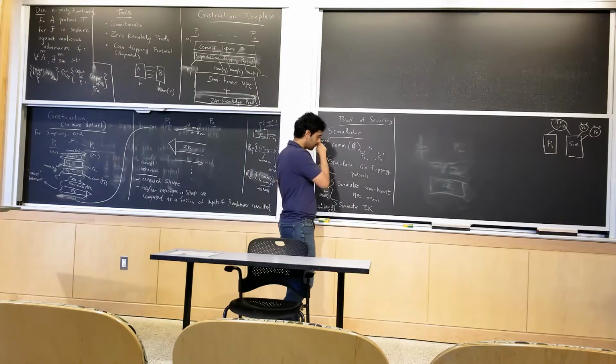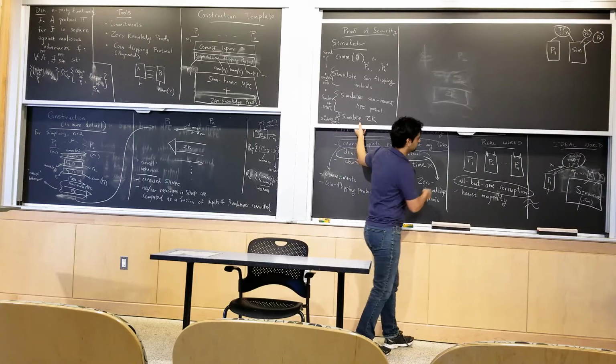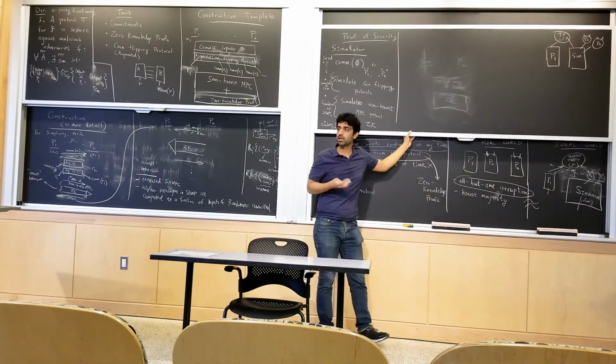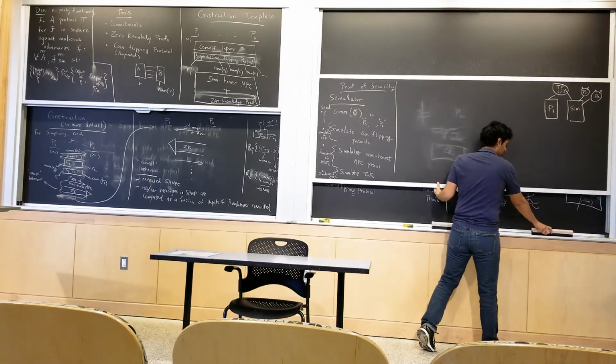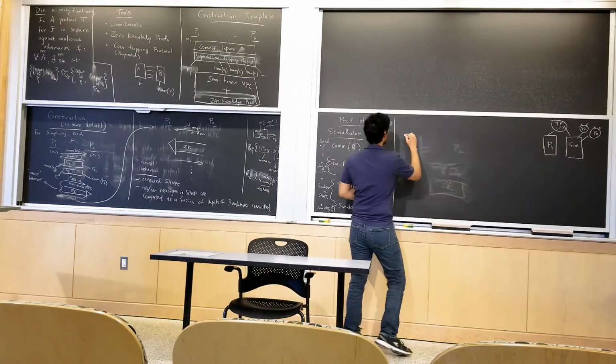So we need to show now that the real world is indistinguishable from the ideal world, right? And this we will do by hybrid argument. That's the only thing we know. So let's just use that.